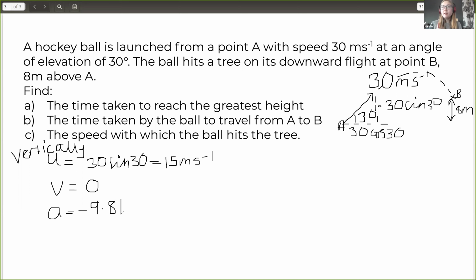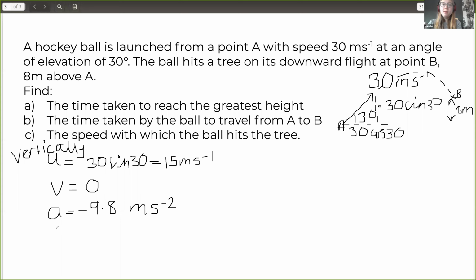Now, why is the acceleration minus in this scenario when I didn't make it a minus in the other one? Well, this is because I'm taking positive to be up. We're considering the upward portion of the journey, and so I have taken the initial velocity upwards to be positive, and the acceleration, gravity is acting in the opposite direction. So I have assumed that the acceleration is negative, which makes sense because it's slowing down to hit 0. So that actually makes sense with what we need.